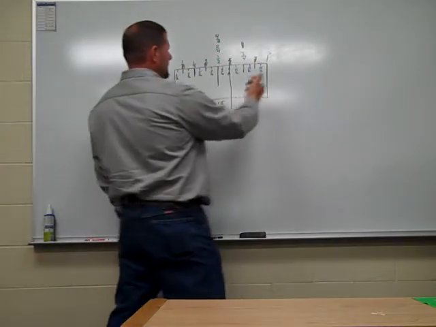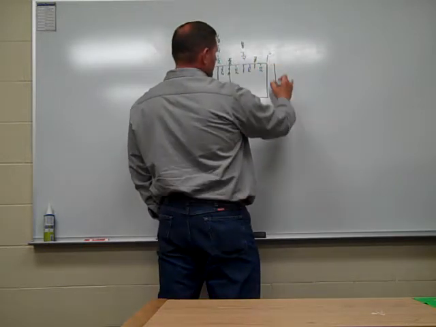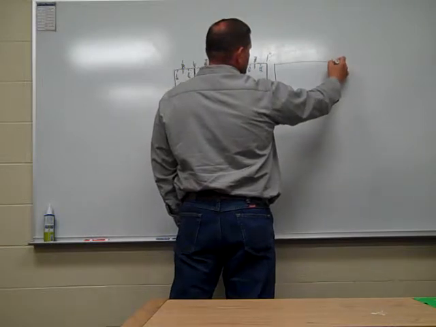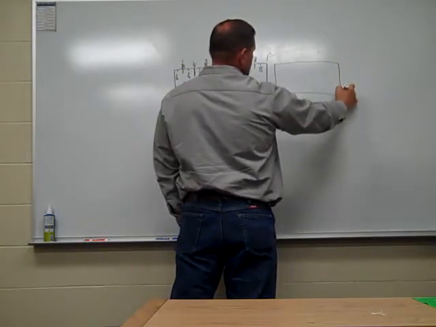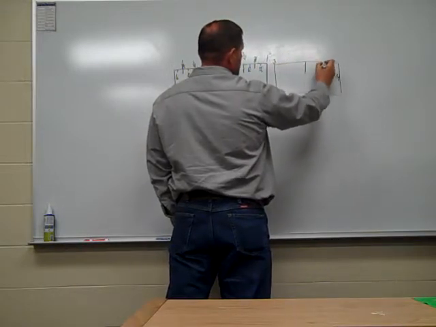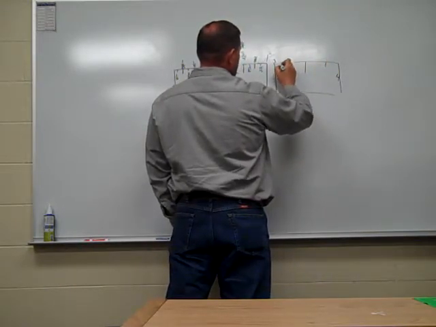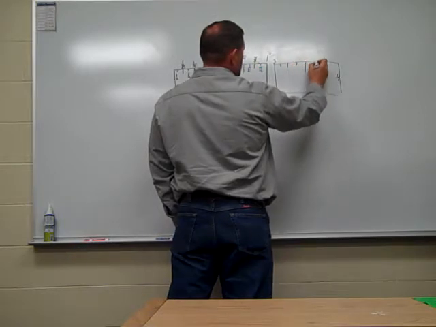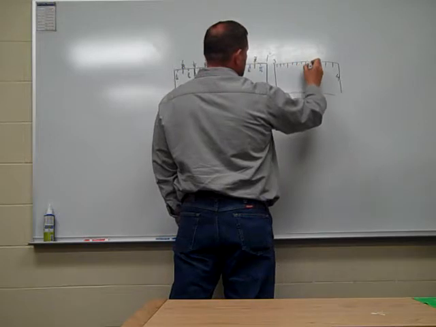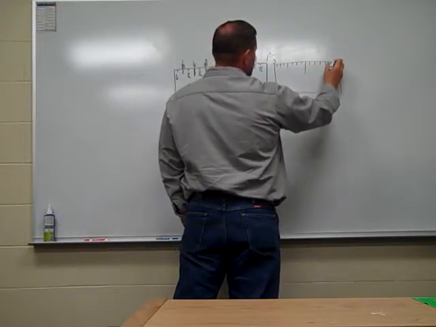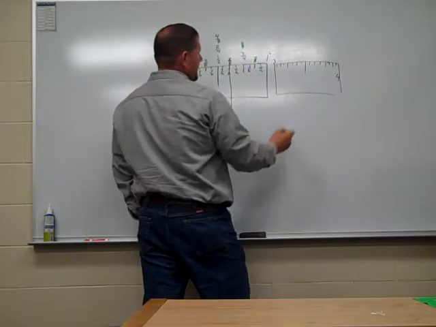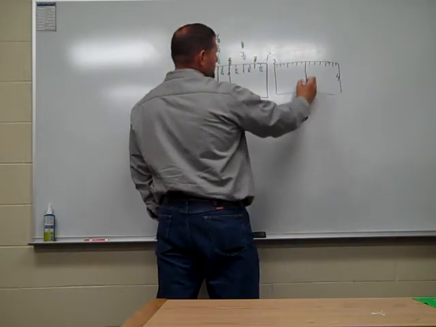It's not always going to be under 1 inch, so I'm going to draw a break line here, and you'll understand what that means. Let's say we have a measurement that falls right here.